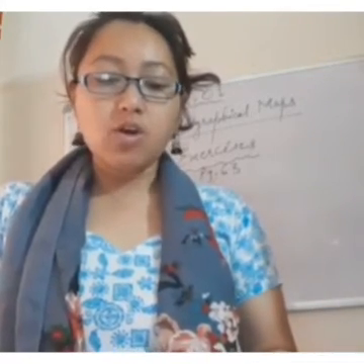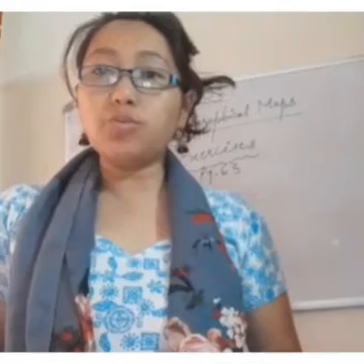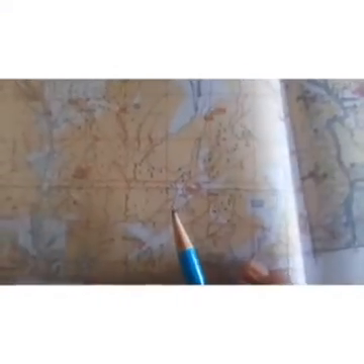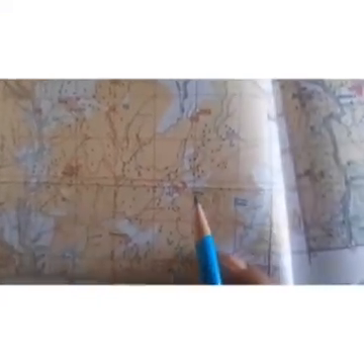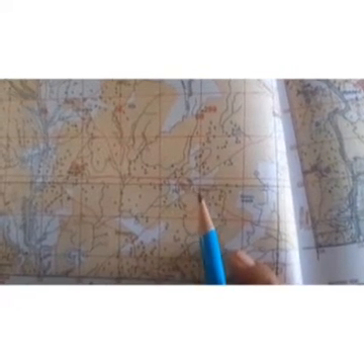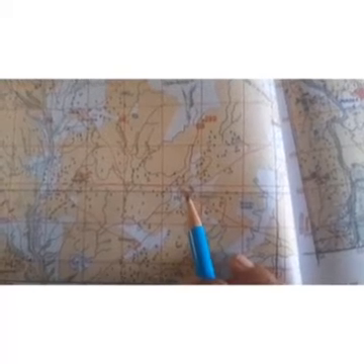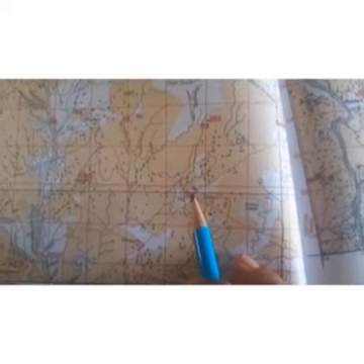Okay, now let's move to the next question, that is find out the 4-figure grid references of the following, that is settlement Jolpur. Now just see this topographical map. Okay, in appendix number 1, the second question was find the 4-figure grid reference of Jolpur. So Jolpur is here, but the settlement is here, right? Name is written here, but the settlement is here.